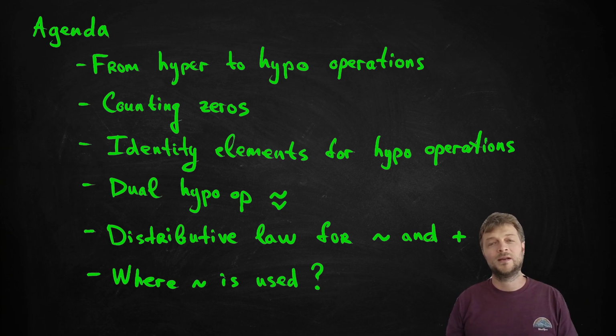Why it's called counting zeros will be clear on that slide. Then we will consider identity elements for these hypo operations. We'll consider the dual hypo operation for the operation preceding plus. We'll consider the distributive law. And finally we'll consider where the tilde operation is used.